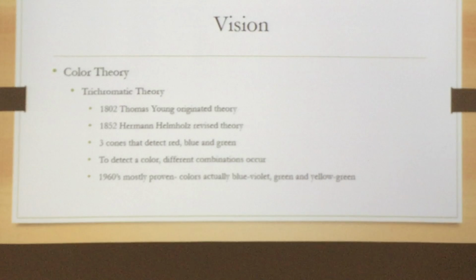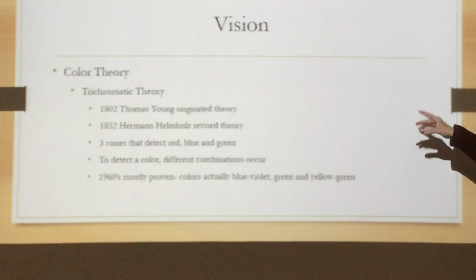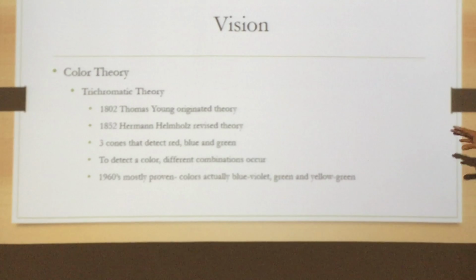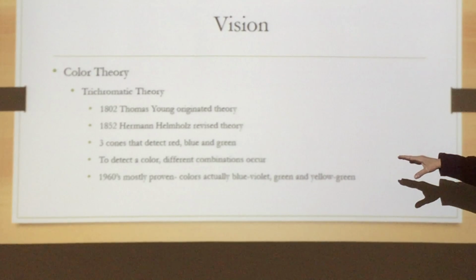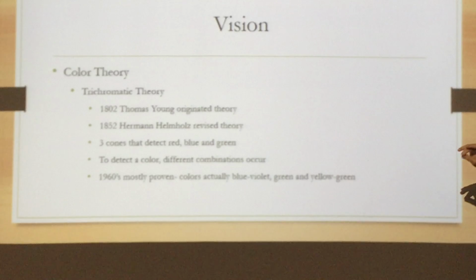In the 1960s, they were able to prove the trichromatic theory with one exception. Instead of the colors being red, blue, and green, the colors that the cones detect are actually blue, violet, green, and yellow-green. And so we get to seeing colors by different combinations that occur.